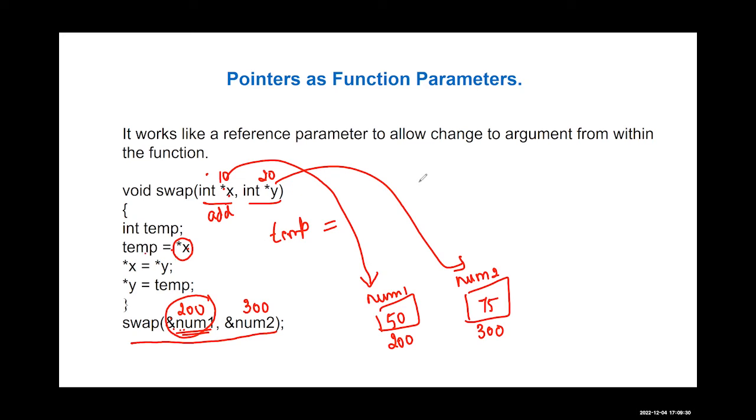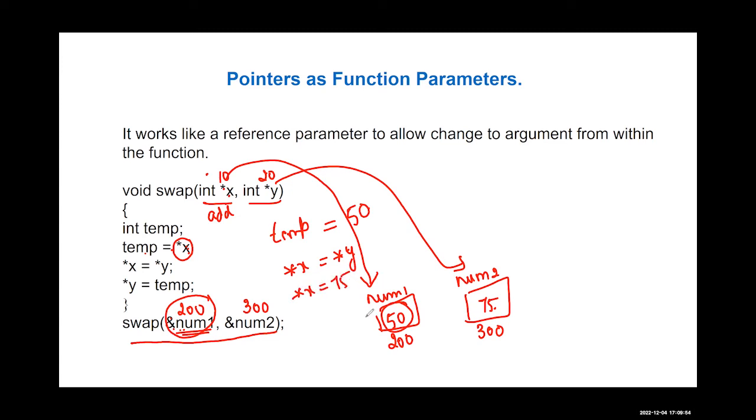So what am I saying here? Temp is equal to star x. So what is there in star x? Star x is nothing but the content of that element, which is 50. Next I am saying star x is equal to star y. What is the meaning of that? The content of x is equal to the content of y, which is 75.